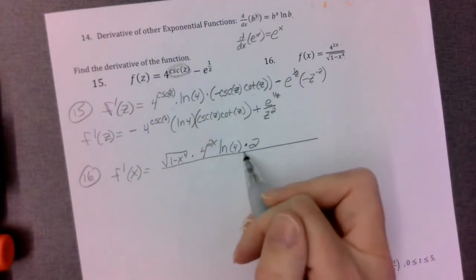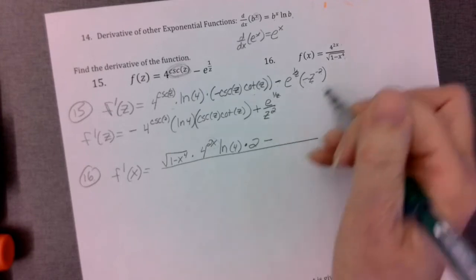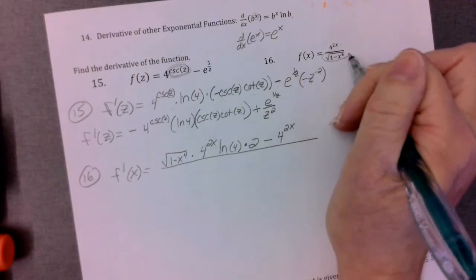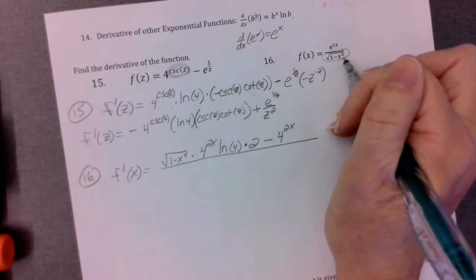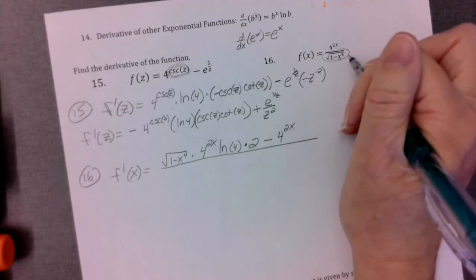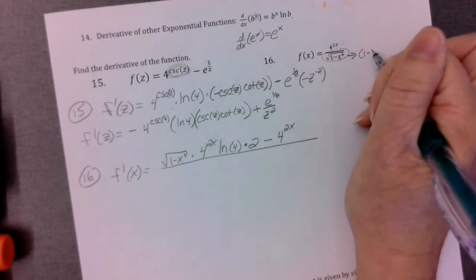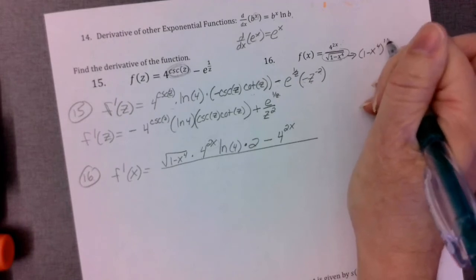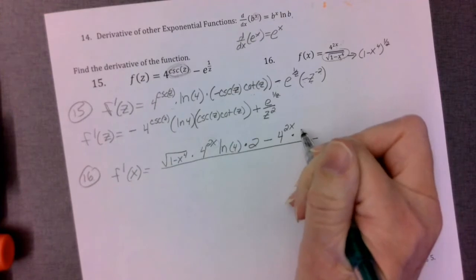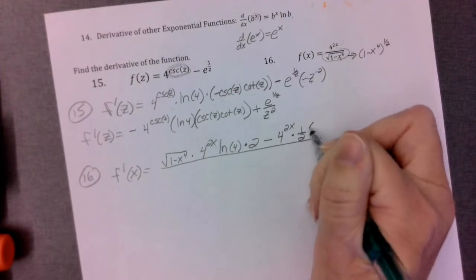That's the low d high minus high, and then d low. You're taking the derivative of this one as is, not moved up, as is. So as is means it's 1 minus x to the 4th to the 1/2. So its derivative is 1/2.